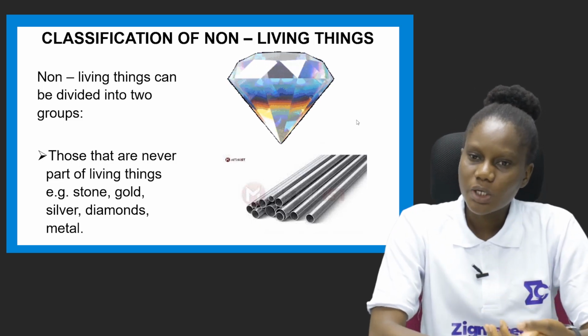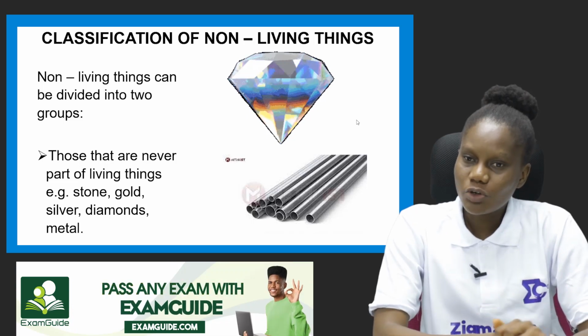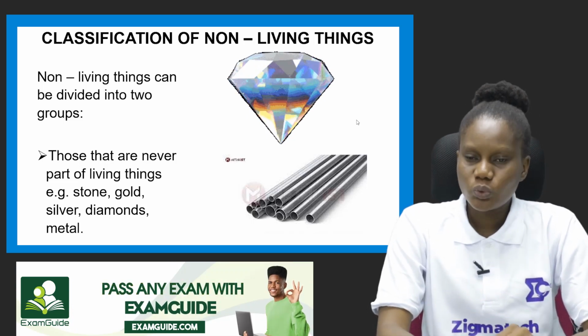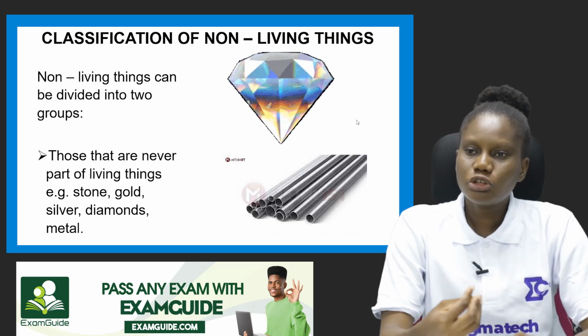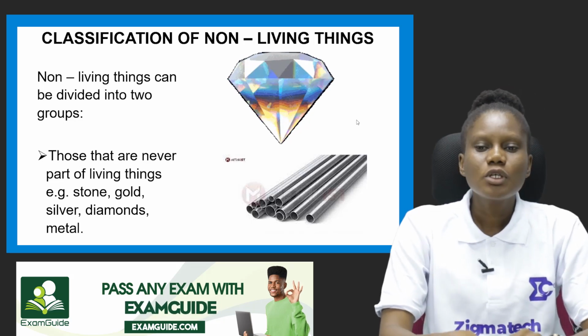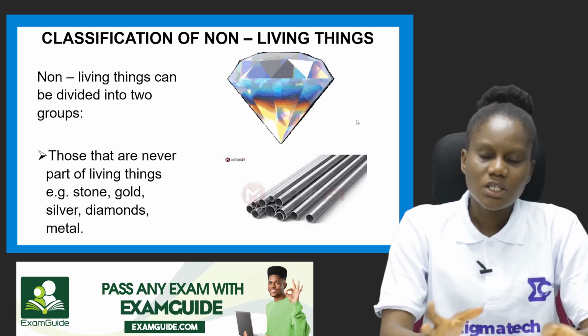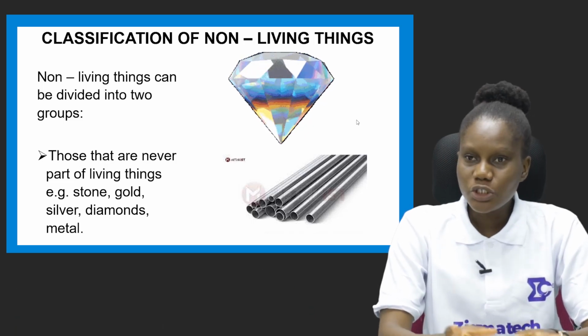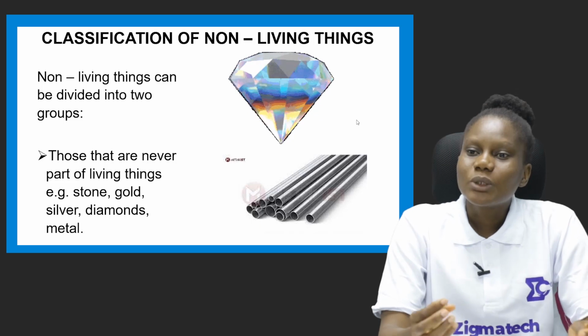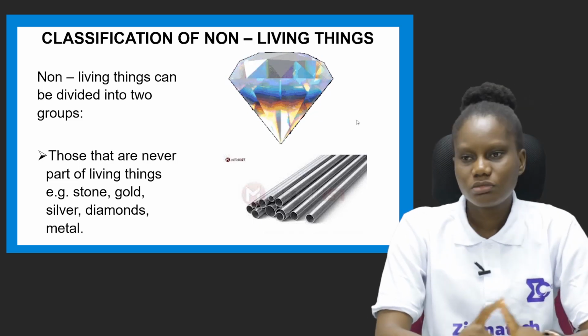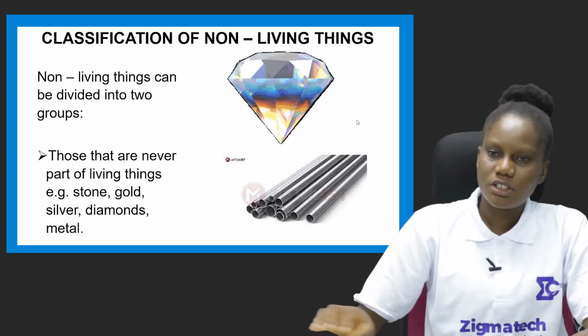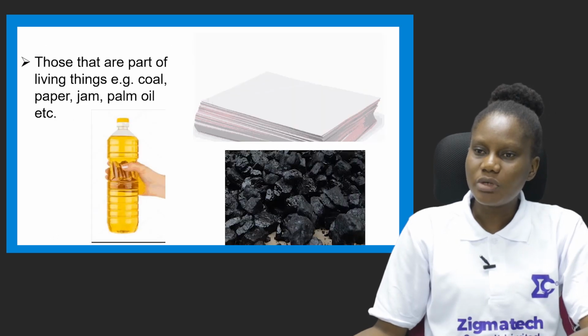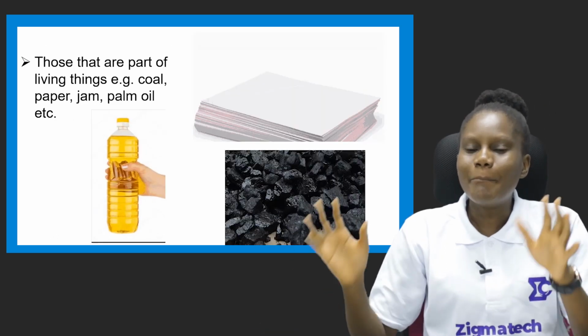You have silver, which cannot be traced to living things. We have diamonds, you can't trace your diamonds to living things. And you have your metals, whether it is iron or steel or carbon, whatever it is, you cannot trace it to living things.